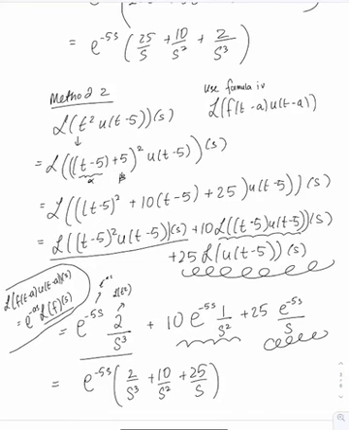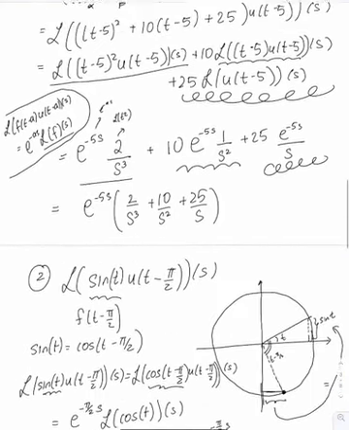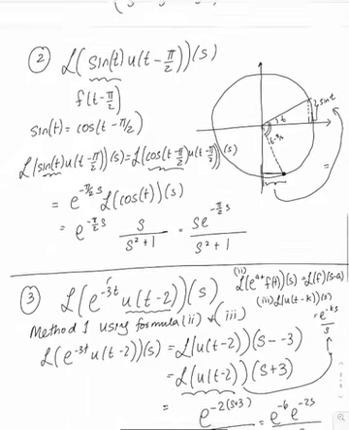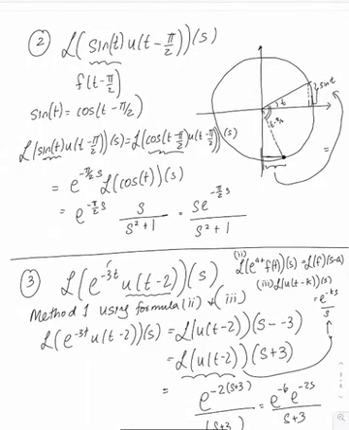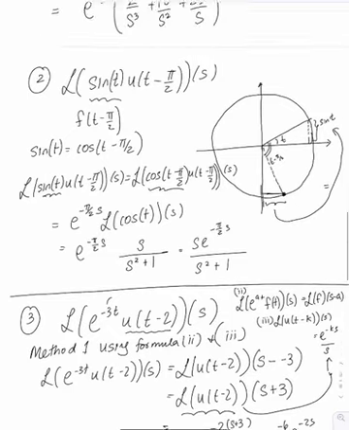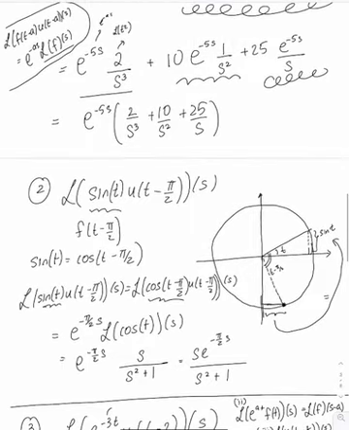All right, so now let's go to the second one. The second one, we have the Laplace transform of sine t times u of t minus pi over 2. So here we have a function of t times u of t minus pi over 2. The only thing that I see we can easily apply is exactly, once again, this formula right here, formula number 4.